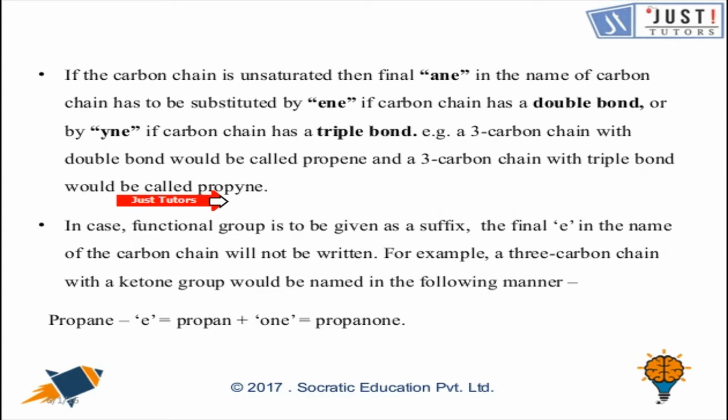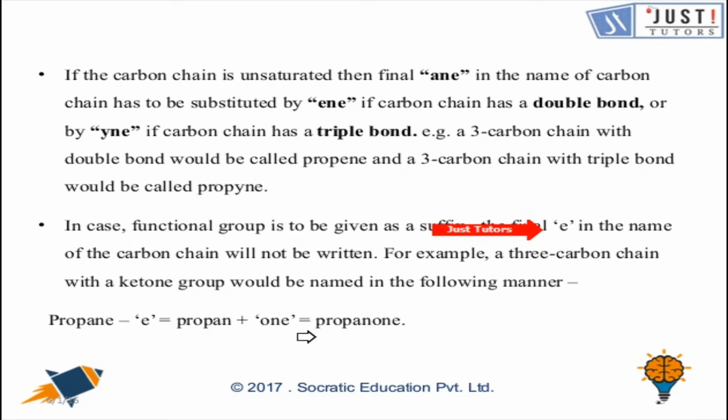Now we discuss the functional group. If we have a functional group, let's say we have methane. At the end we have e. We will delete this e and put the proper suffix.